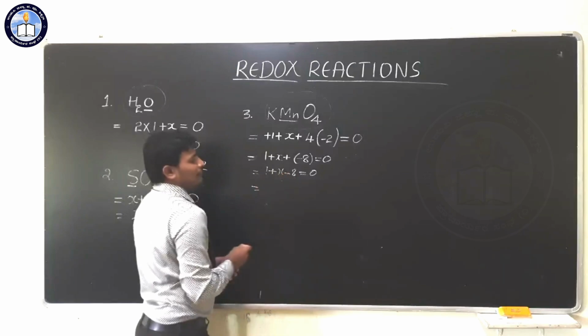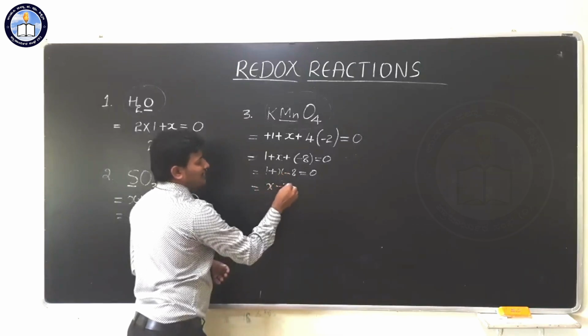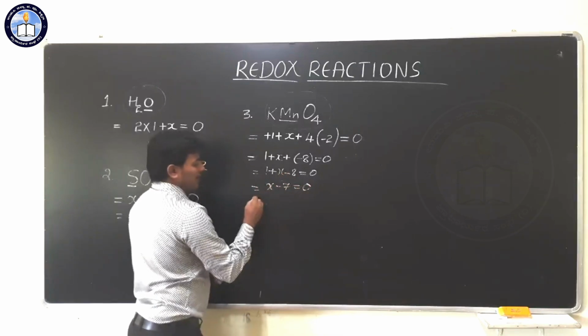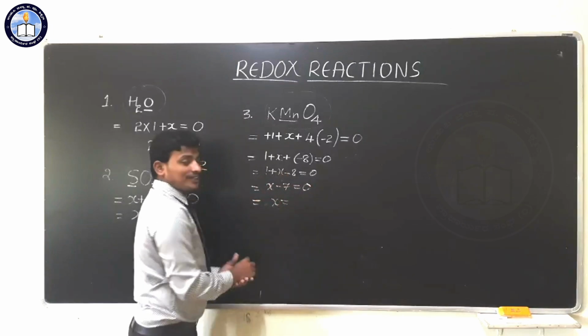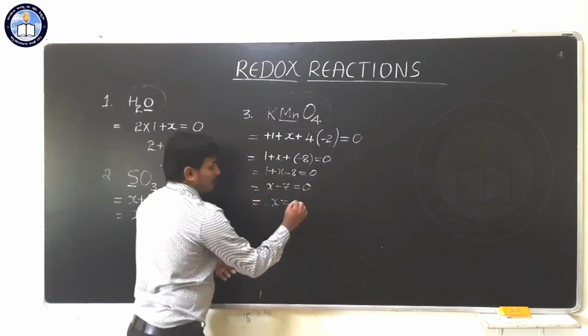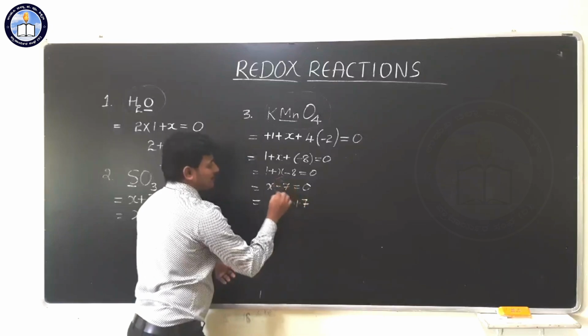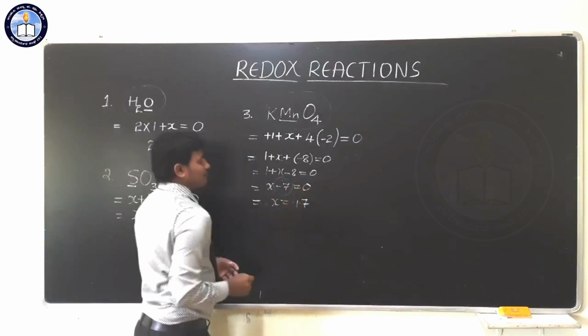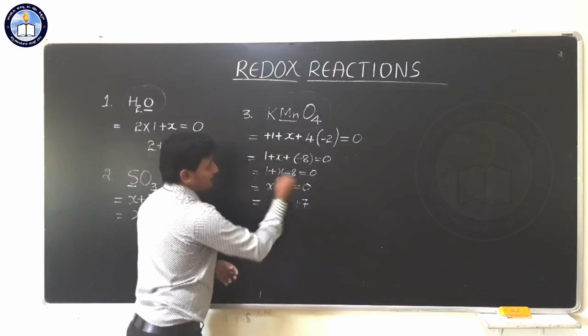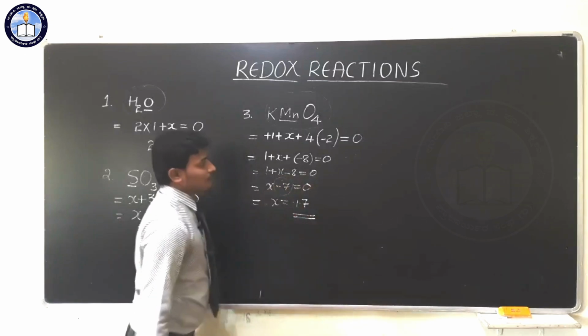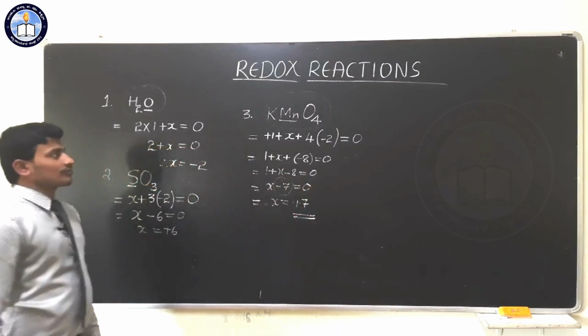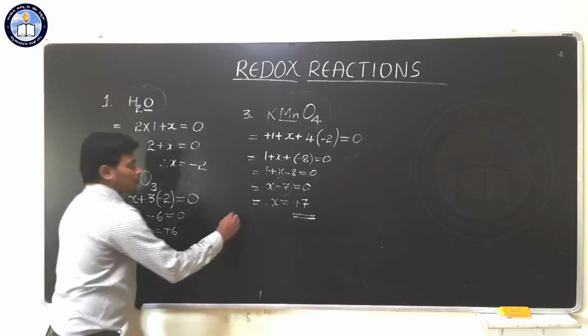Plus minus becomes minus, x minus 7 equal to 0. Hence x equal to plus 7. When this term crosses the equal symbol, minus becomes plus, therefore it is equal to plus 7.